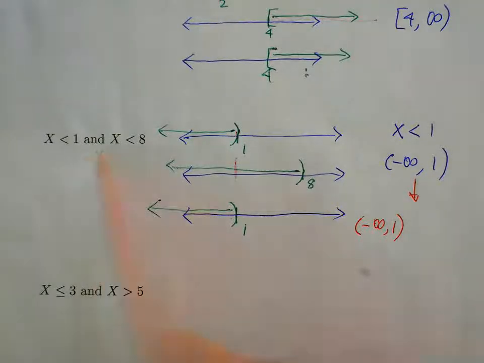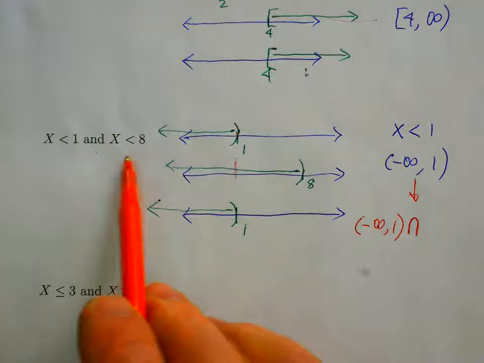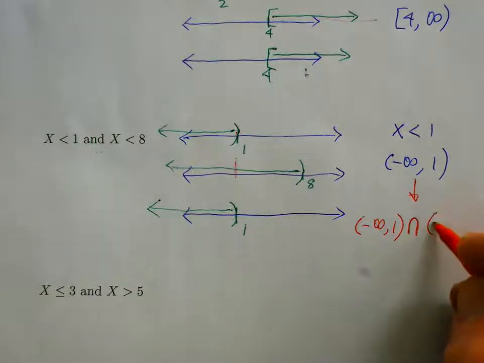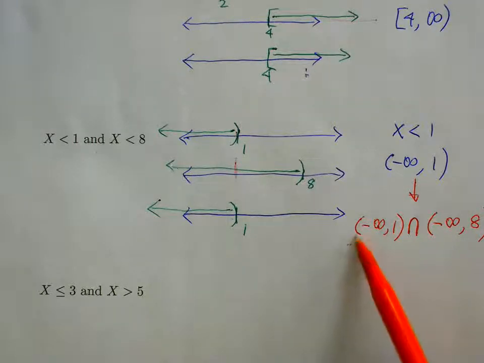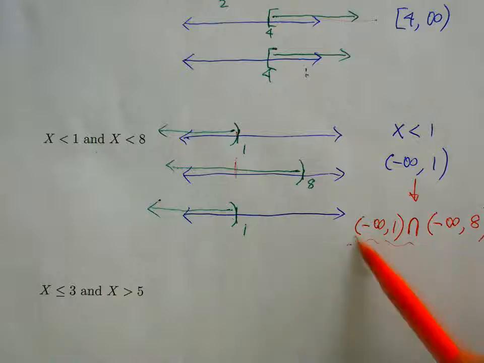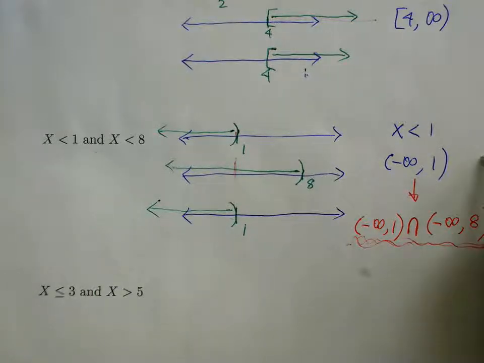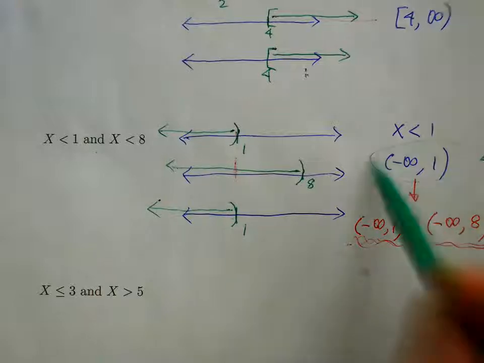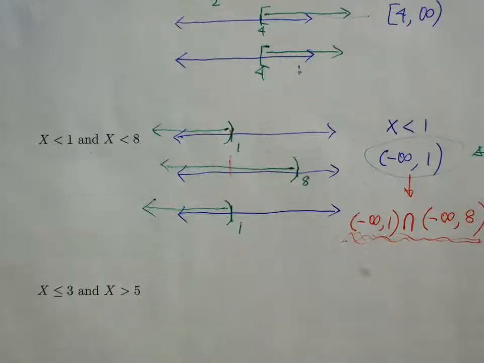The word and means intersect, overlap, and then x is less than 8 is parenthesis negative infinity, comma 8, parenthesis. Although this is mathematically correct, you'll need to write it more compactly when you're answering questions in Newton.